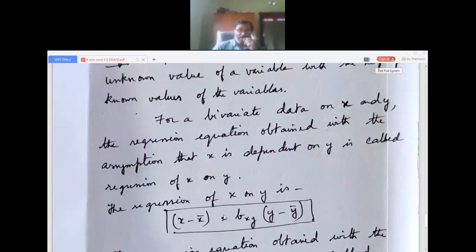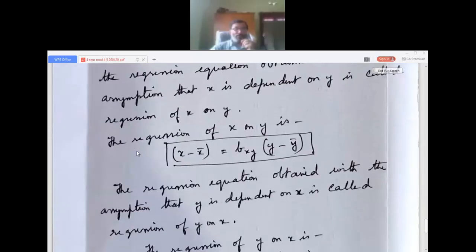For you, no need of derivation. Regression of x on y clearly says x is dependent on y. The regression equation of x on y is given by x minus x bar is equal to b of xy into y minus y bar.